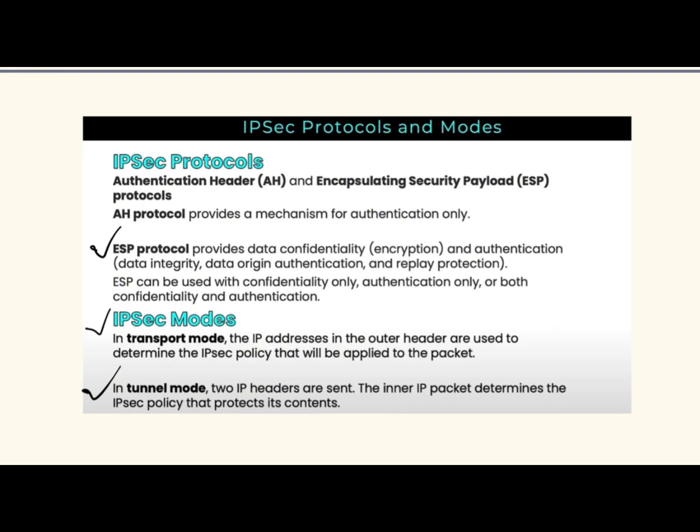It wraps the original IP packet in a new one, adding a second IP header. The outside world sees only the outer header. The real data is hidden, including the IP address.